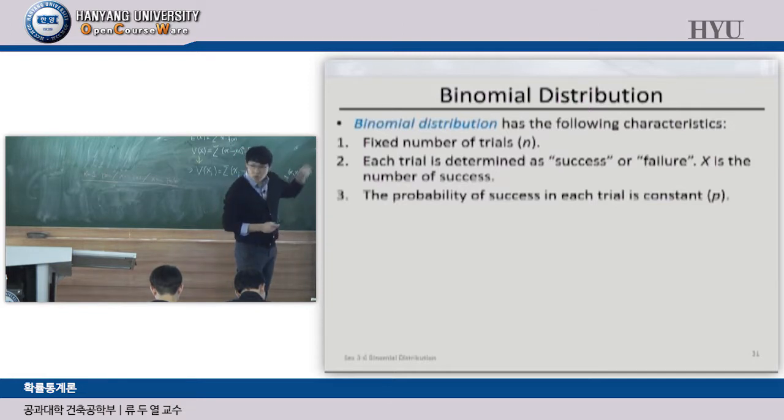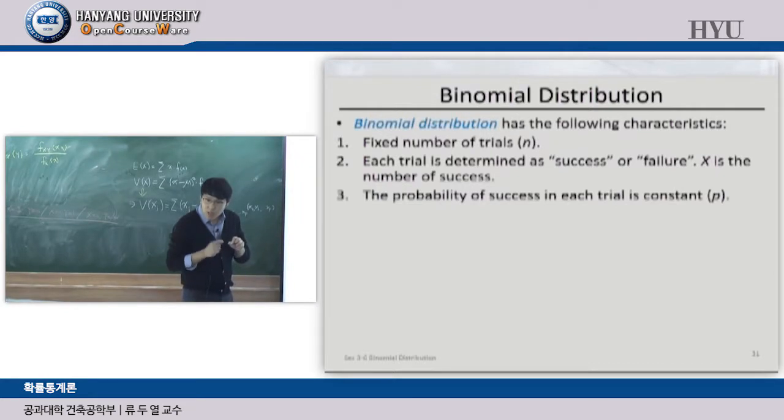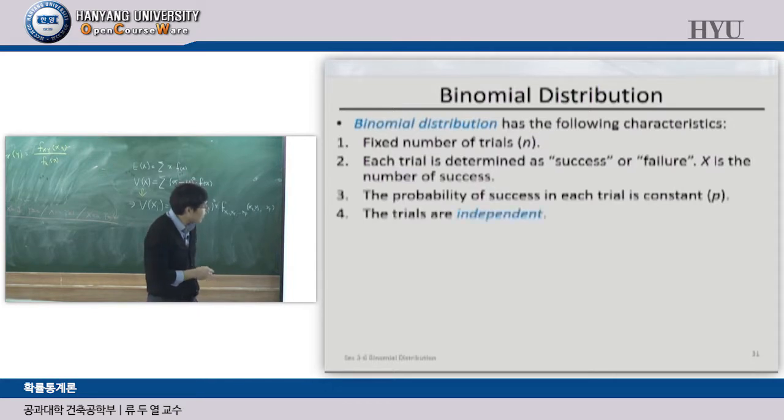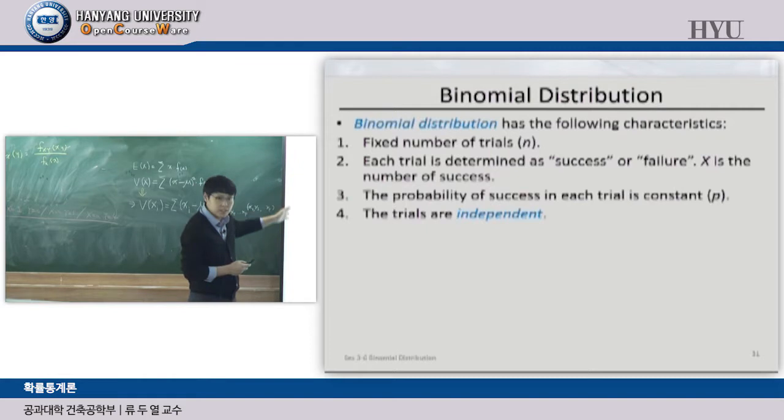So when the number of trials is fixed, we have to calculate the probability of the number of successes. Okay? That's the concept of the binomial distribution. And the probability of success in each trial is constant. Okay? And the trials are independent. These are the typical characteristics of the binomial distribution.